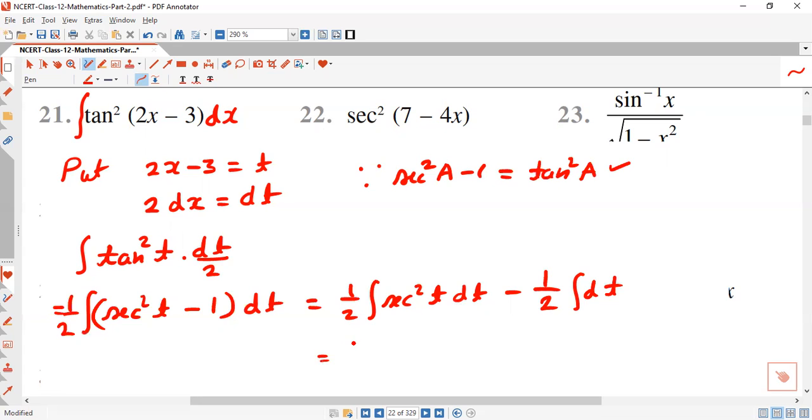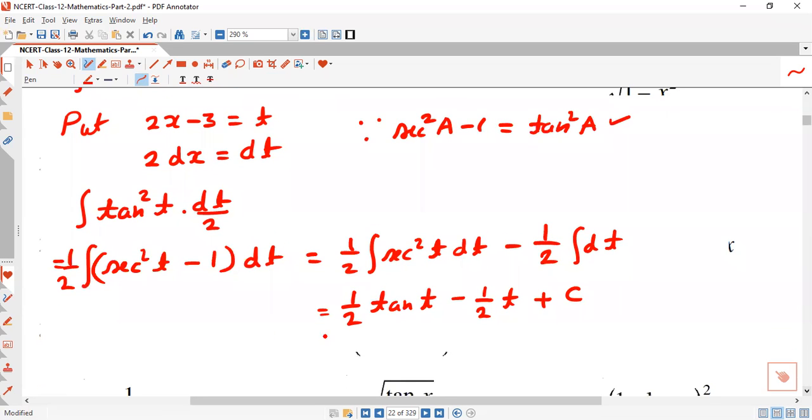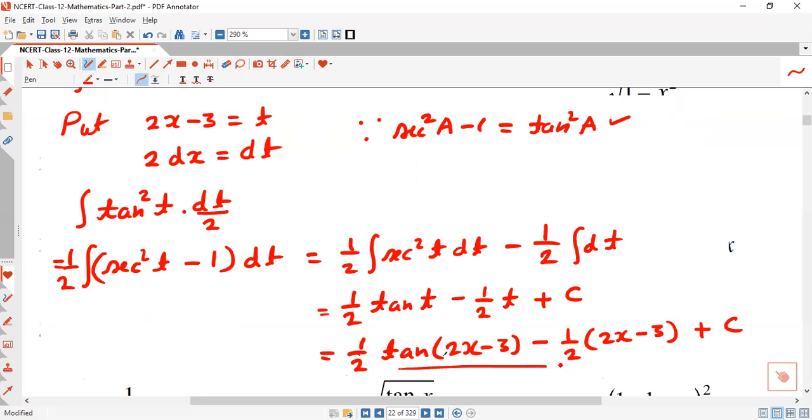If we do the integration, we are getting half sec square t has an integration of tan t, minus half, and this becomes t plus some constant c. Now put the value of t here, t equal to 2x minus 3. So you see half tan of 2x minus 3 minus half of 2x minus 3 plus some constant c. This will be the answer.